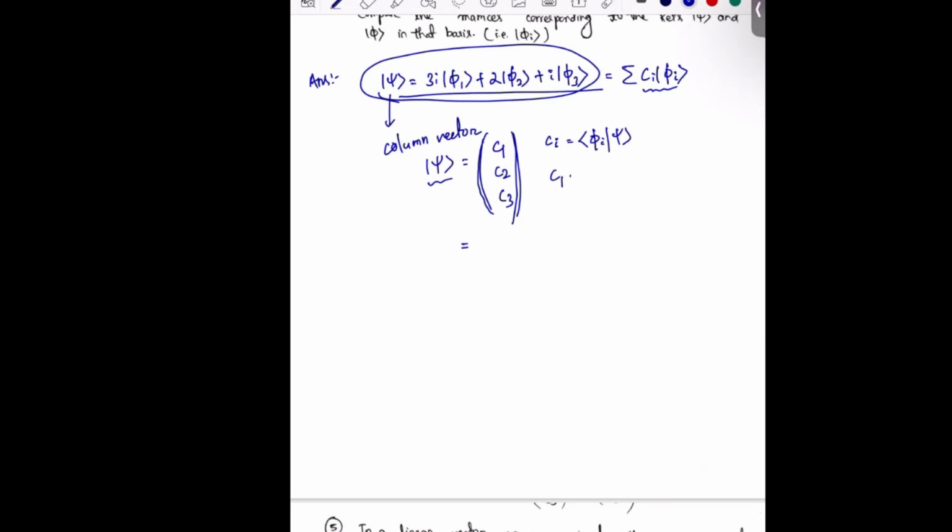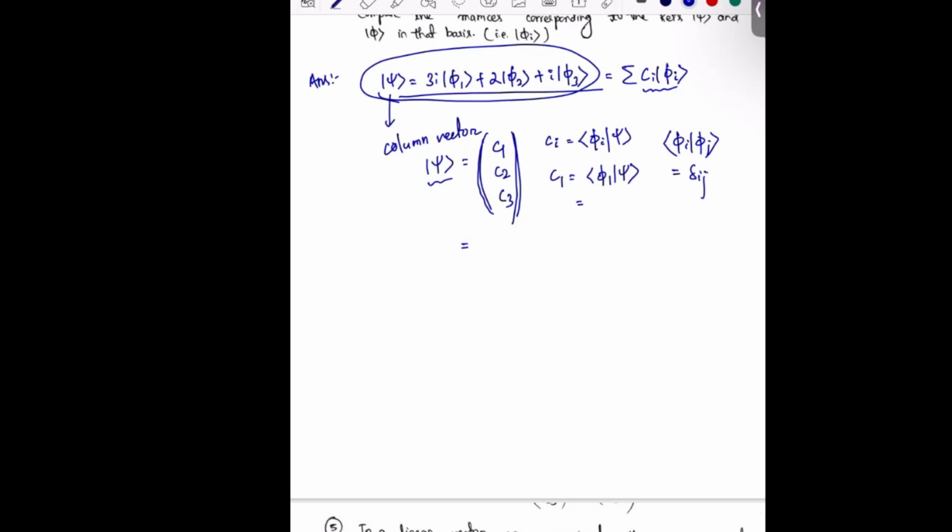So c1 is phi 1 with psi. What will be the answer? These phi i, phi j are orthonormal, satisfying this condition, which means the cross terms will be 0.